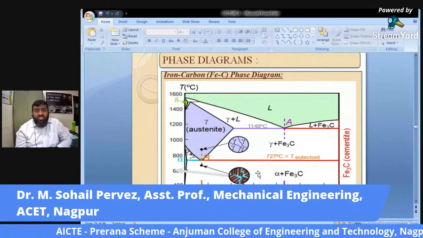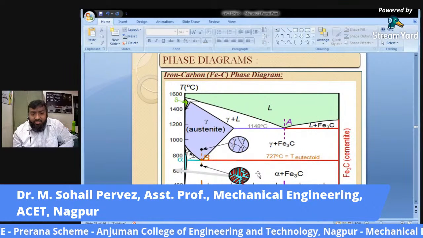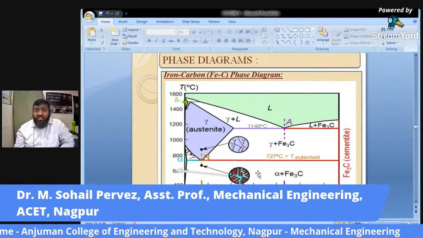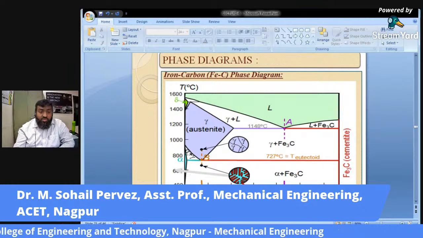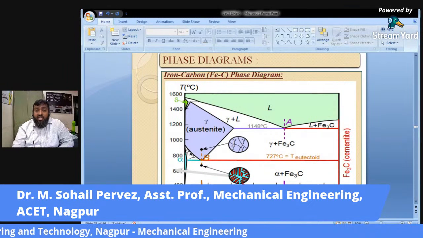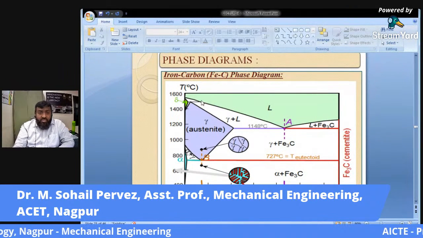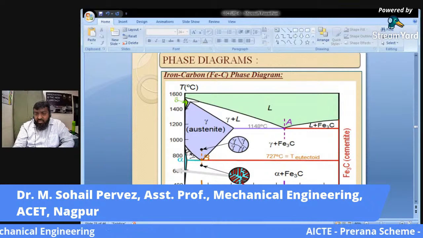Now, looking at the paucity of time and the amount of content, we can directly switch over to the iron carbon or Fe-C phase diagram, which is very popular by its name itself.